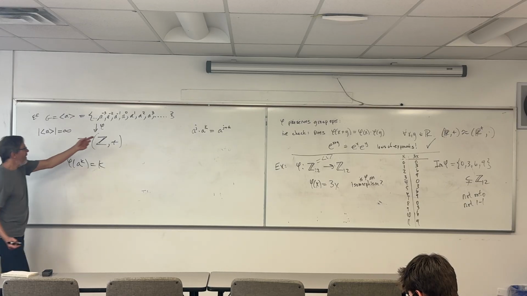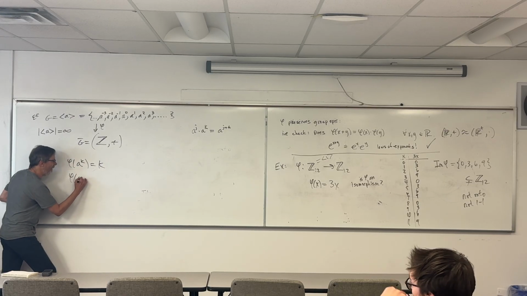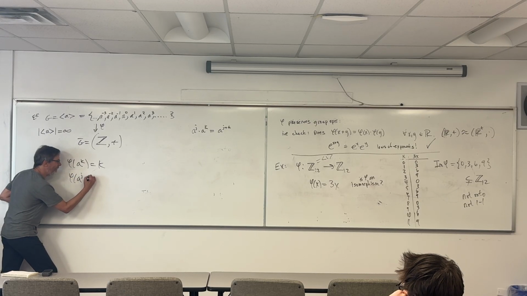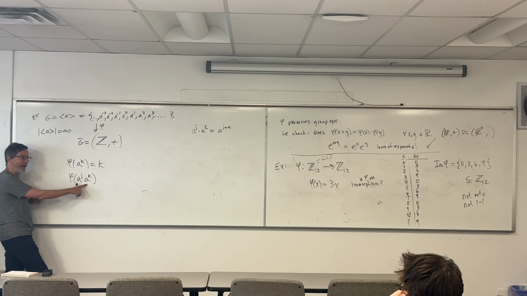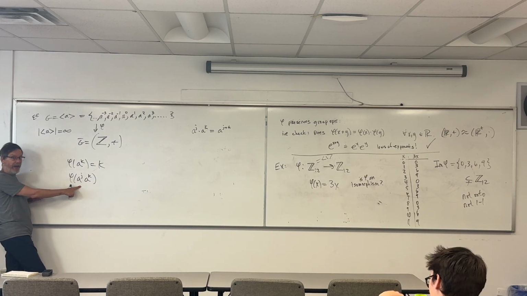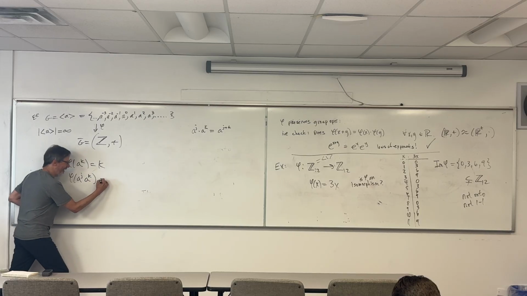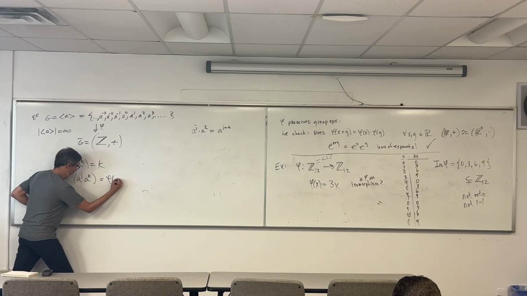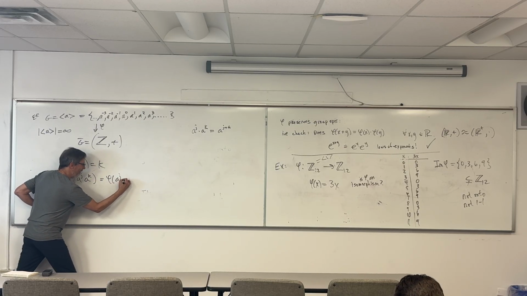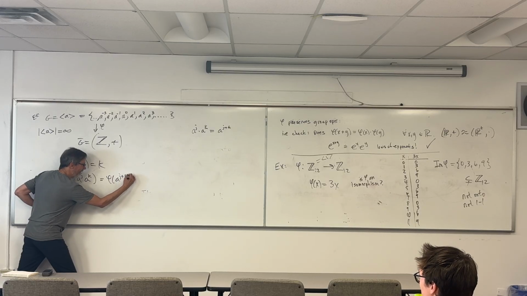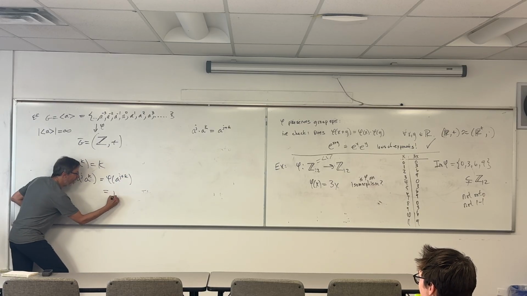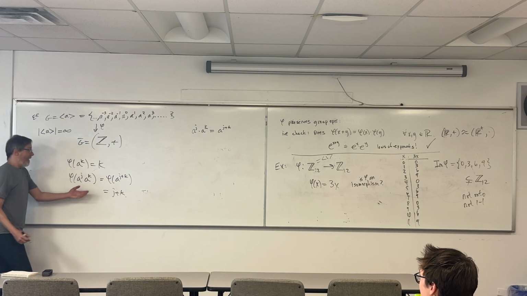So when I take phi of A^j times phi of A^k, everything in there is a power of A: A^(j+k). It is just phi of A^(j+k), because that's how we do it, and that is j plus k.